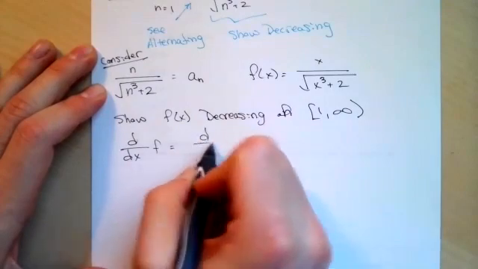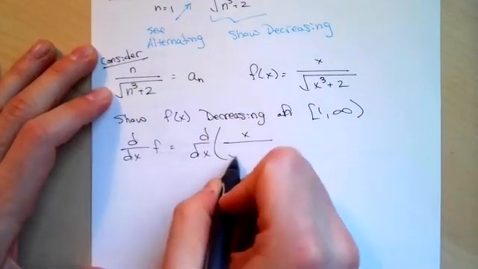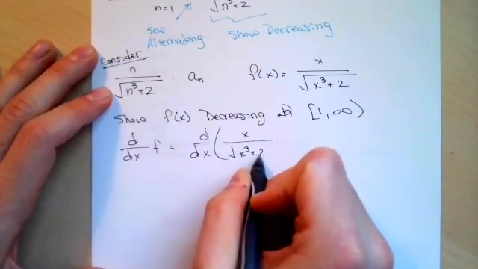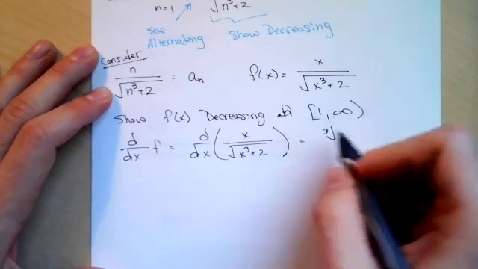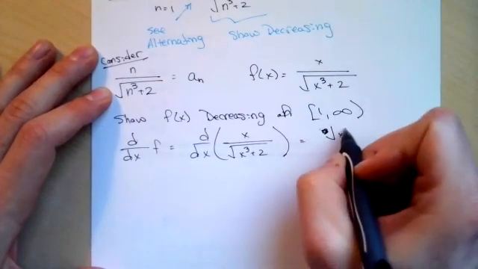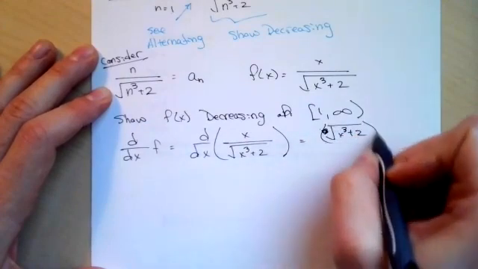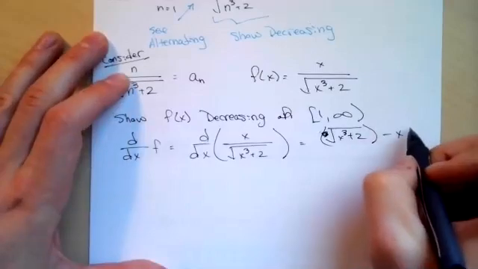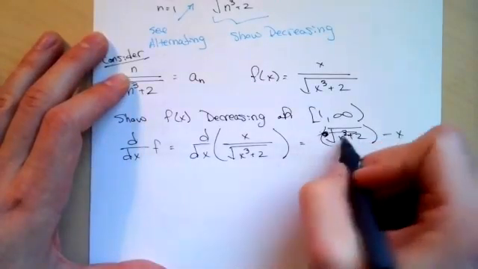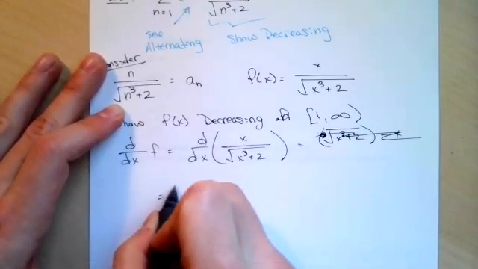And that is just Calc 1. Sorry, not the cube root, the square root of x cubed plus 2. Bottom times the derivative of the top, minus the top times the derivative of the bottom. It's going to be a mess. Let's give myself some more space here. So we've got the bottom.